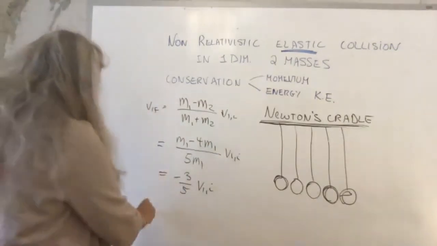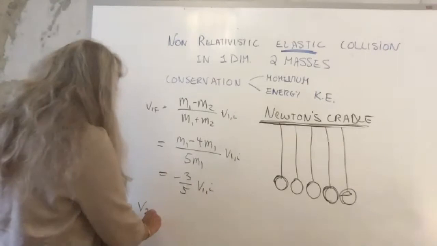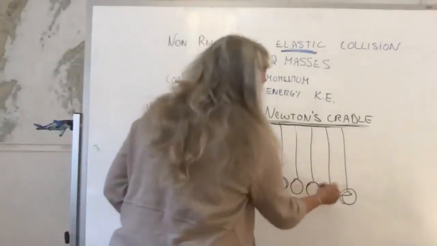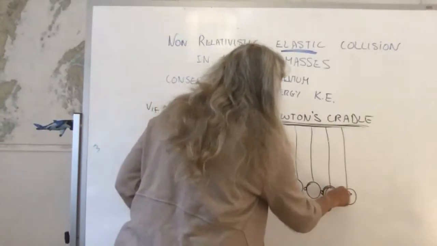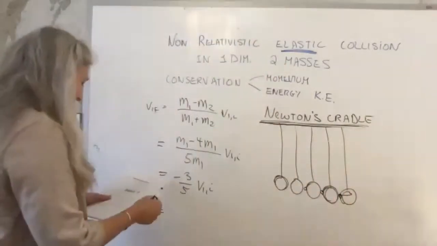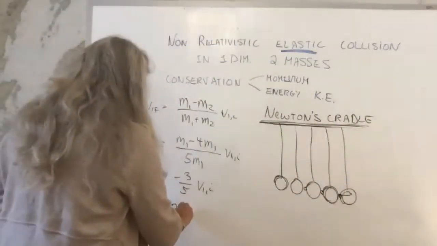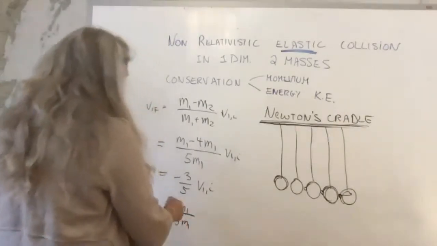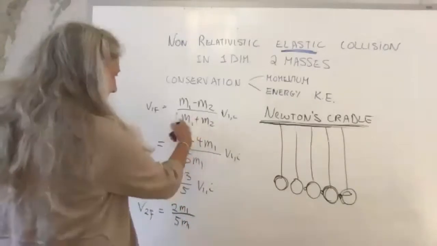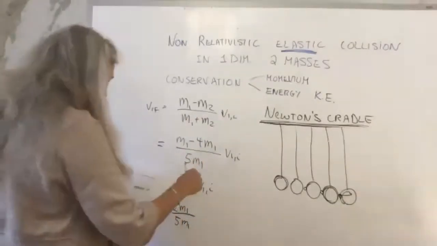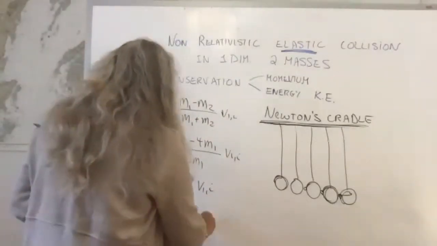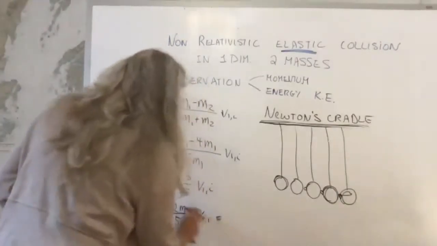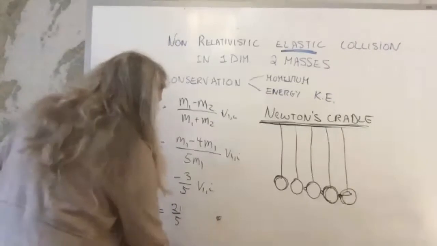And I can solve for the second one too, V2F, the velocity. And now I'm assuming these are all glued together. So what's the velocity of all these guys? So this is 2 M1 over 5 M1, because it's 2 times the first one over the sum of the two, times V1I, which is equal to 2/5 V1I.